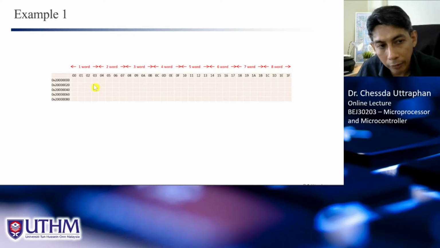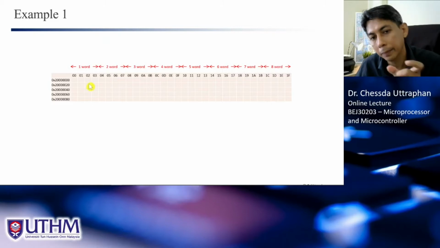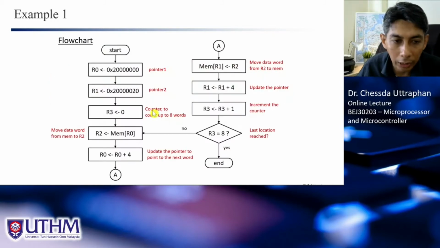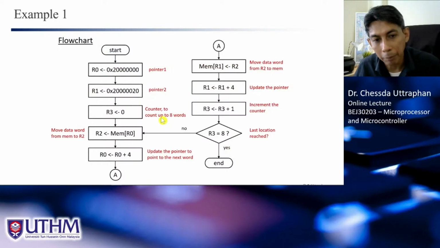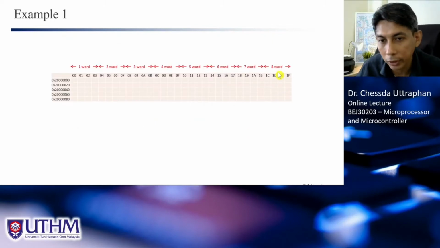But if you use half word, it means that if you transfer the data one time in half word, you need to count up to 16. But if you transfer your data byte by byte, you need to count up to 32, right? Because this is 32 byte or 16 half word. In this case, the best way is to use word because we have the option to move the data in 32 bit size at one time, right?